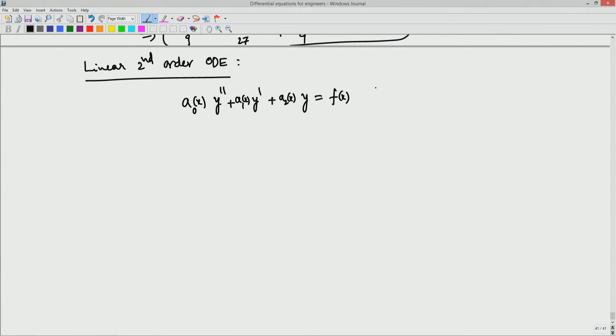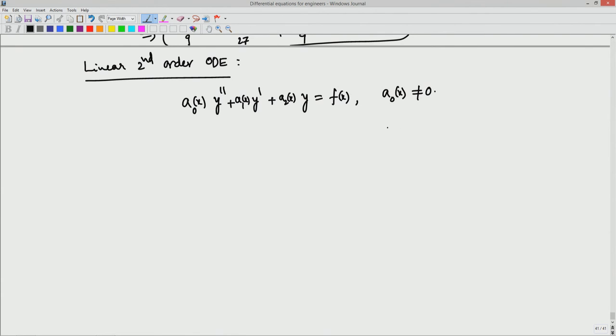This is the second order linear ordinary differential equation, where a2, a1, a0 and f of x are given functions of x only. And the moment you write this, the coefficient of the highest order derivative, a2 of x, should not be 0.